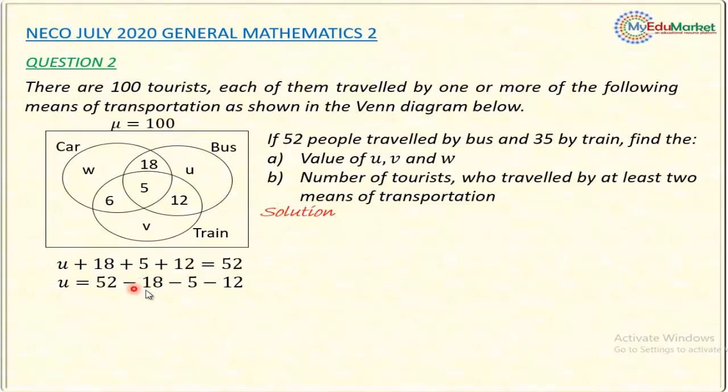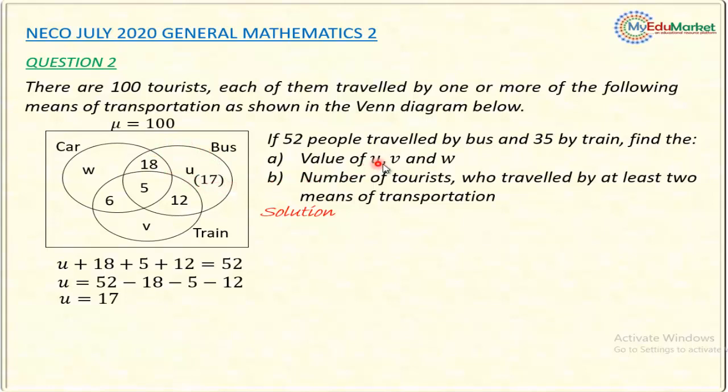I will now have 52 minus 18 minus 5 minus 12, and subtracting these three values from 52 gives U as 17. So the value of U is now 17. Let me write it in brackets. So those that traveled by bus only is now 17. So I have obtained U.